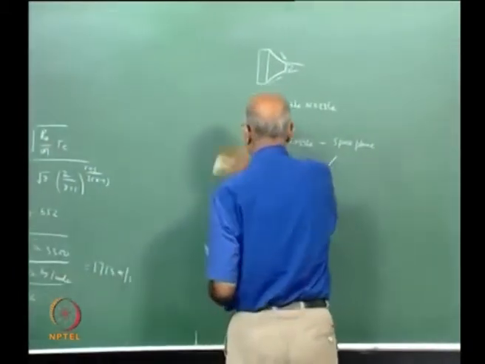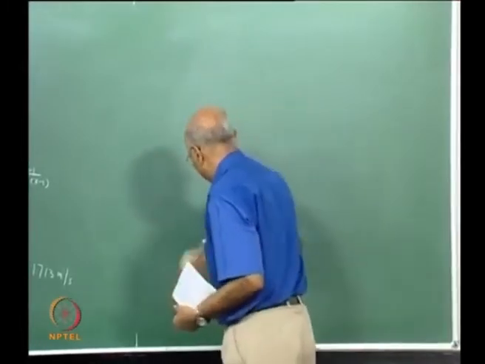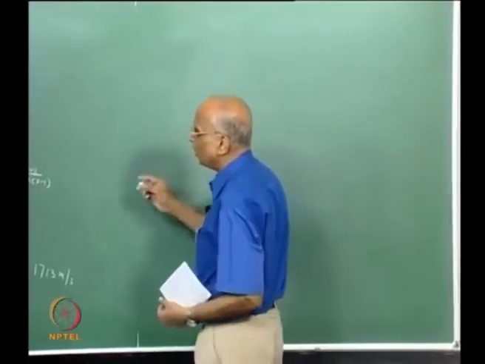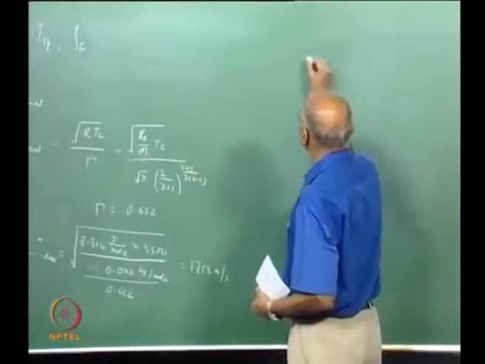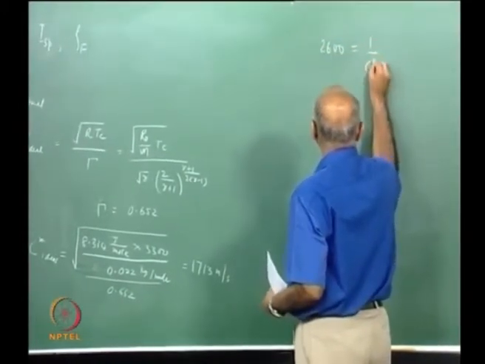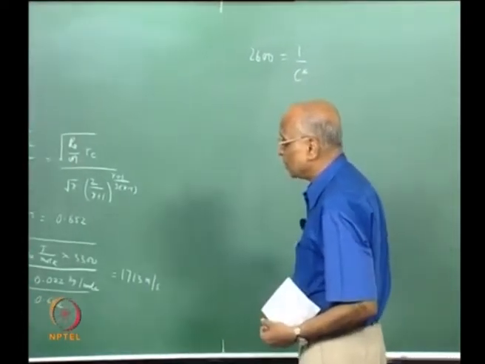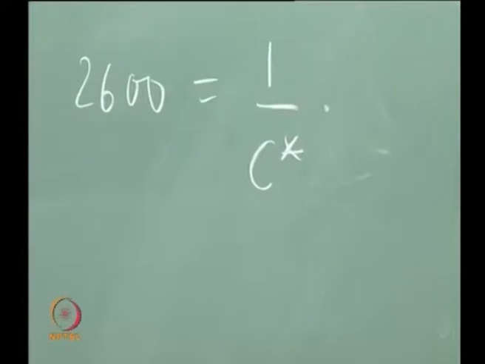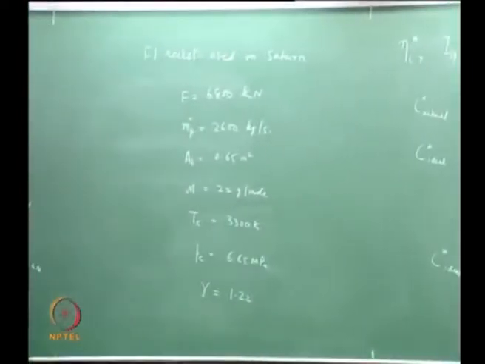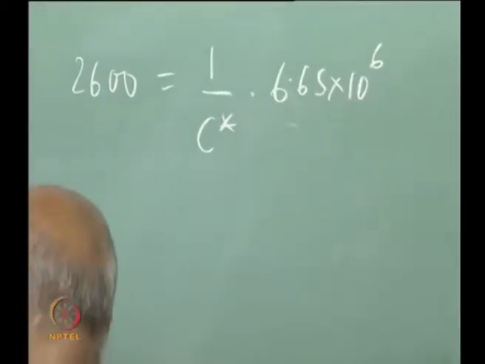I go back, look at the problem. The mass flow rate is given to me as 2600 kilogram per second, which is equal to 1 over C star into pressure. Pressure is given as Pc, 6.65 into 10 to the power 6 Pascal.